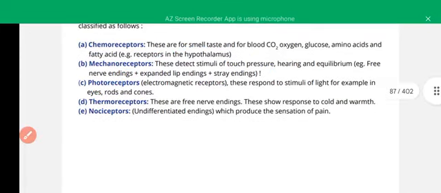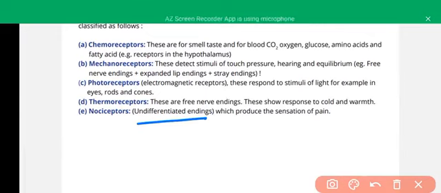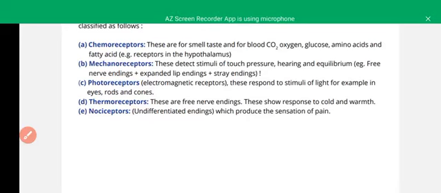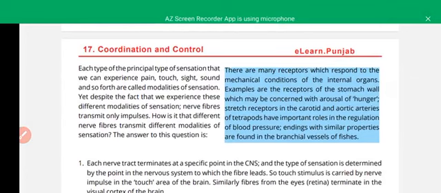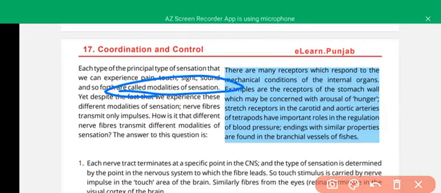And nociceptors are undifferentiated endings which receive pain signals. Each of these types of sensations, like heat, cold, pain, chemical reception, and photoreception, that we normally feel is called a modality of sensation.